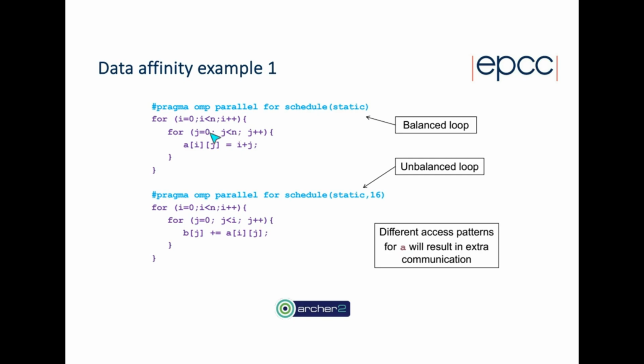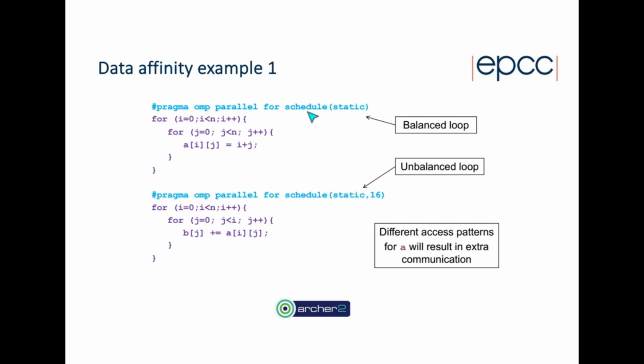The loop bounds here are 0 and n, so this is writing the whole array, whereas the other is just accessing one of the triangular halves of it. And because this I loop is well balanced, every I iteration has the same amount of work, there's no reason, for load balance at least, to use anything other than static here.